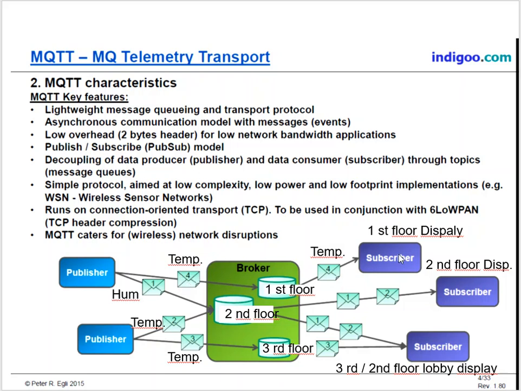So if there is a display on the first floor, the idea is to show only those messages and measurements that are related to the first floor. This first floor display will subscribe to the first floor topic, and there will be all the measurements related to the first floor available, and the same for the second and third floors. So the topics are these filters, the idea of how to filter the measurements to the right place.